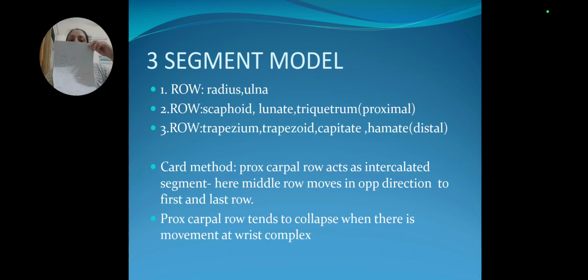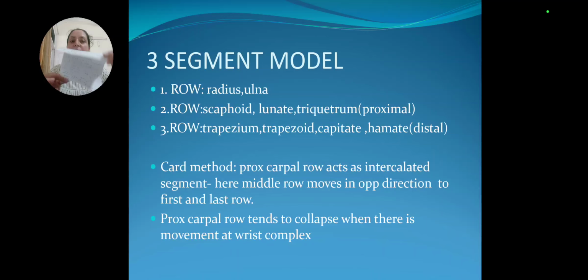Now if I try to fold it, what you see is that the first row and the last row move in one direction, whereas the middle row moves in the opposite direction to the first and the last row.